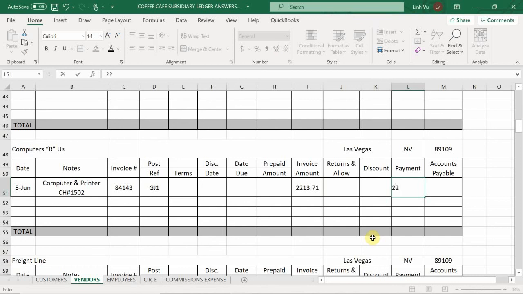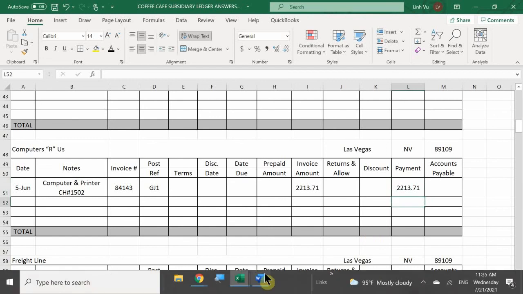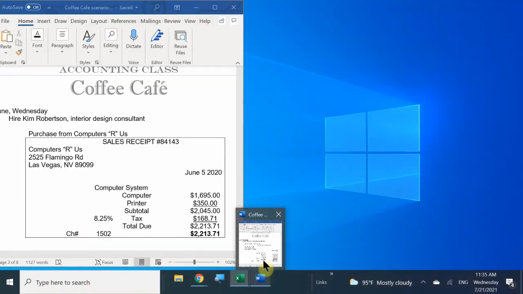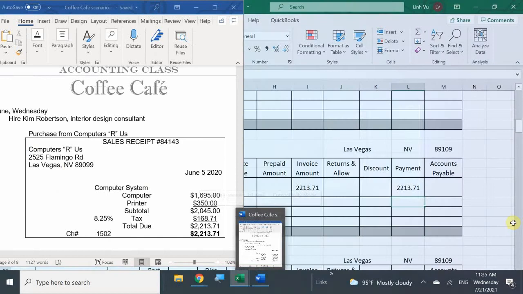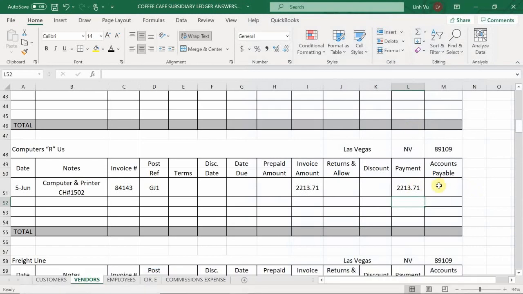So therefore, I did make a payment for the $2,213.71. Okay. So now, for any reason, let's say I do return my printer, then I can go back here and add that I returned the printer, and I would get my amount refunded back to me, right? Because I already paid for it.